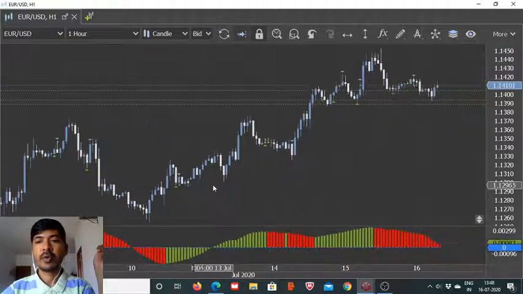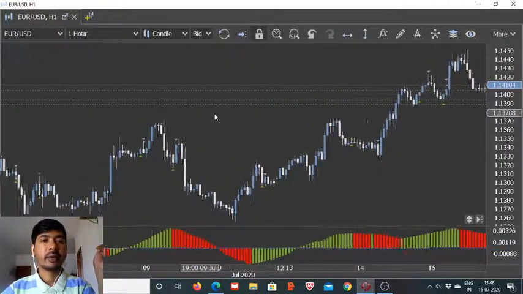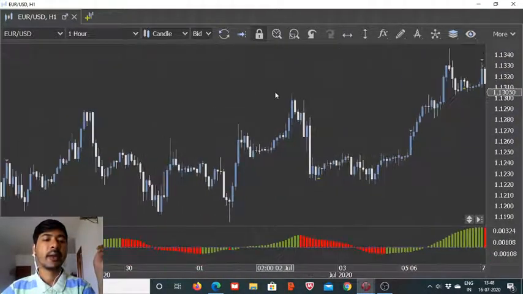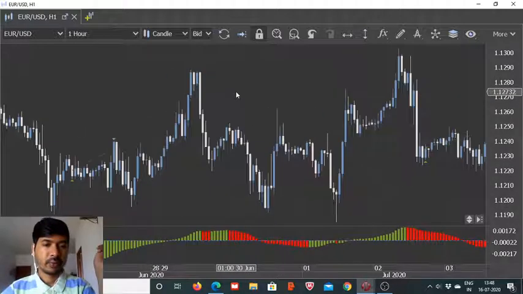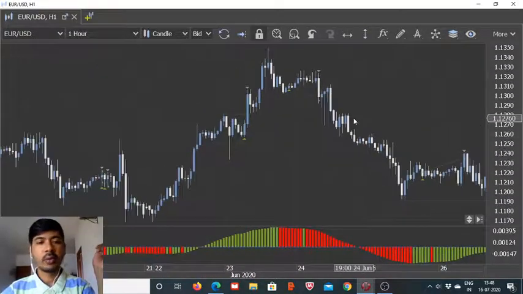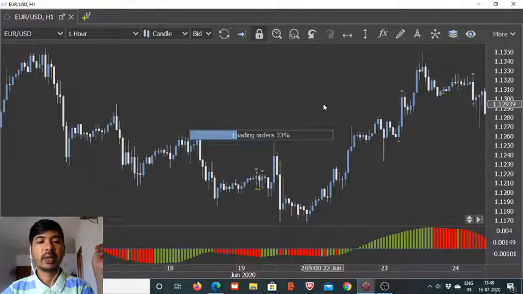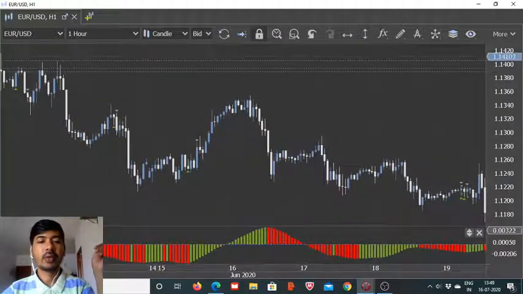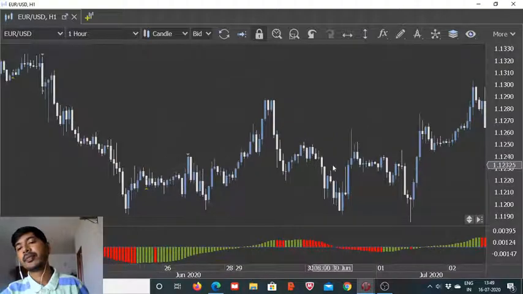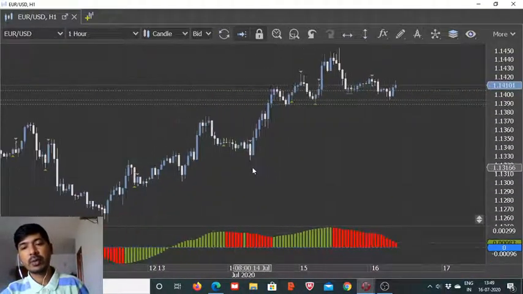It is not too frequent, it is kind of smooth, and there is a due passage of time in between the change in trend. And if you notice, this combination is, as I said, fairly smooth.